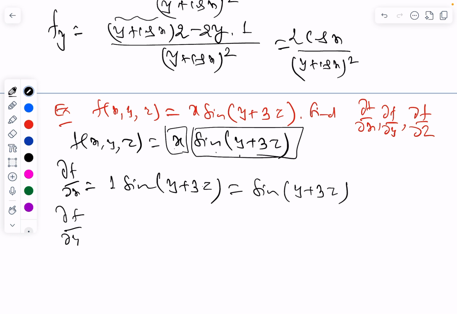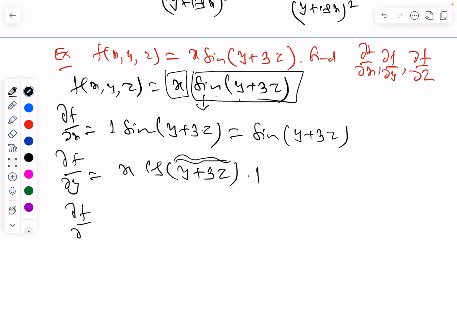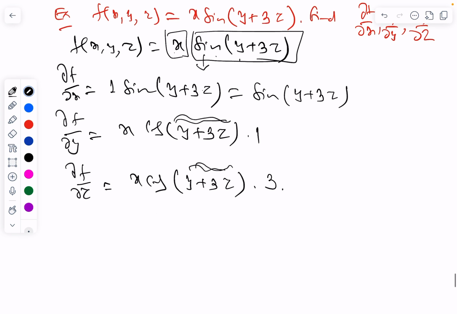Del f by del y, x constant. The derivative of sine is cosine of y plus 3z, and the derivative of y plus 3z with respect to y is 1. Del f by del z is x cosine of y plus 3z, and the derivative of y plus 3z with respect to z is 3.